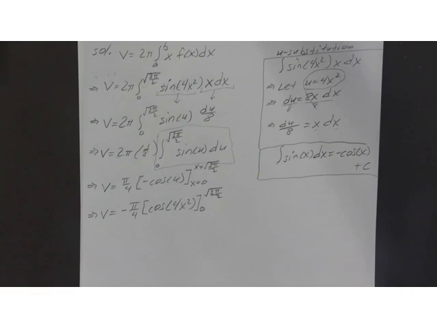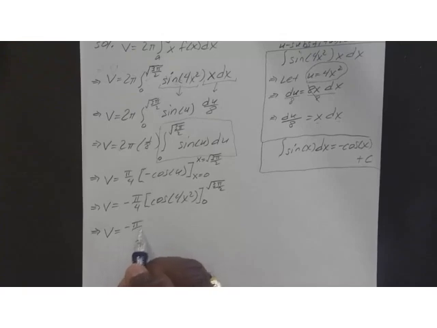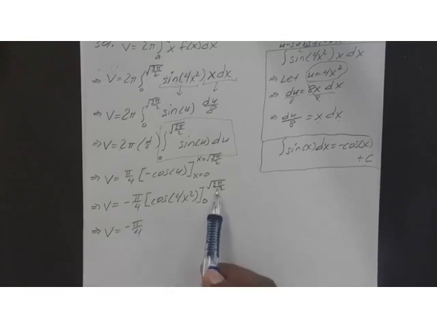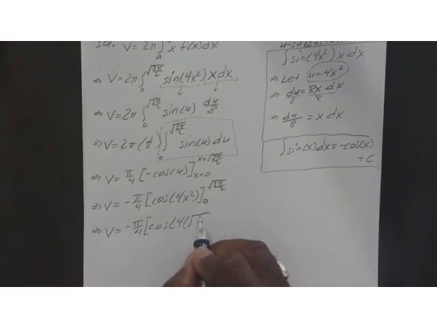So now that we have all of that taken care of, we can finally use our fundamental theorem now that we have the independent variables matching up like they should. Okay, so volume is equal to negative pi over 4. So we're going to plug in our upper bound. That's cosine of 4 times the square root of 3 pi over 2 squared.